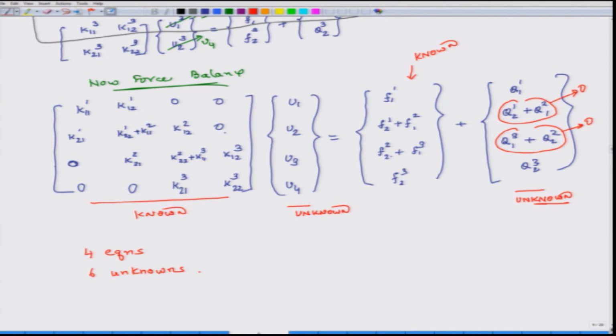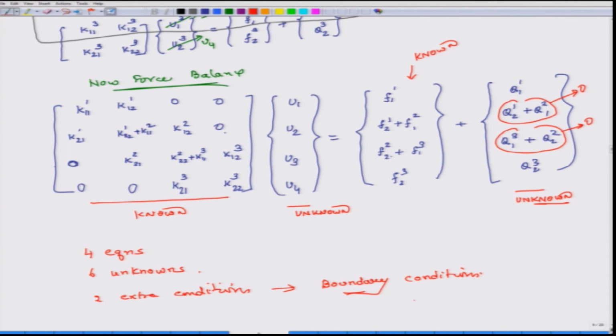4 equations and 6 unknowns. So, to solve these equations we need 2 extra conditions. Okay, we need 2 extra conditions. These come from boundary conditions. Okay.